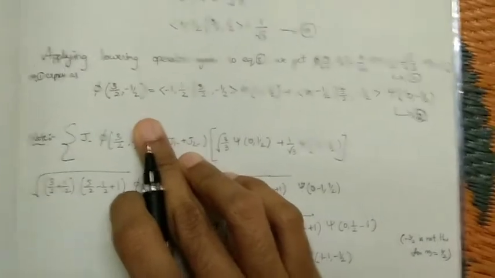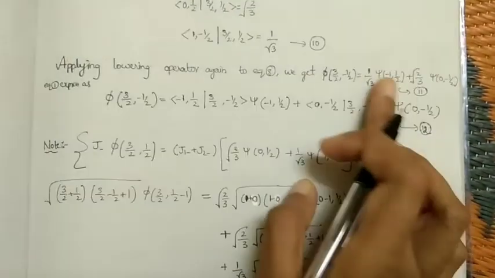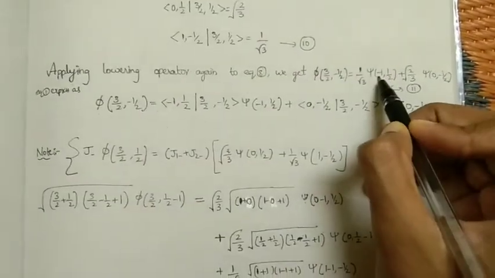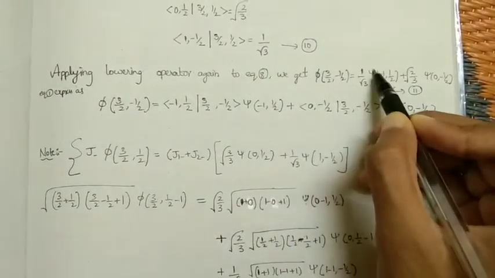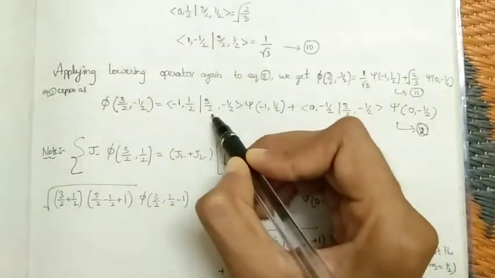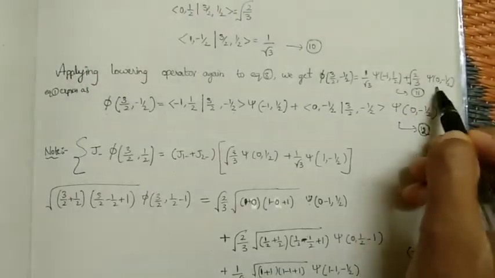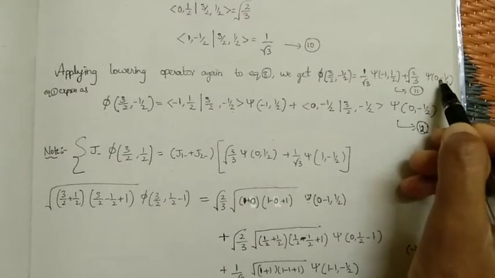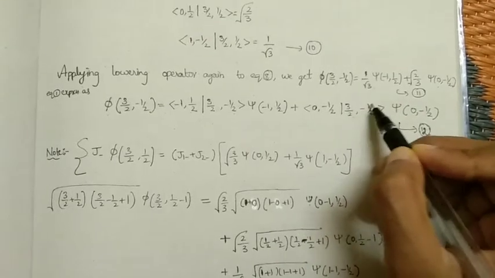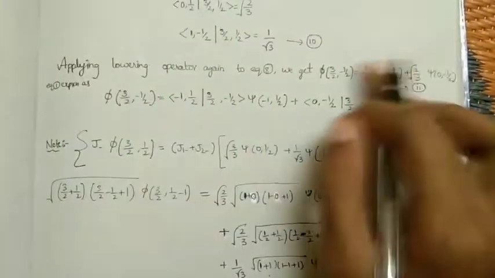Every equation has to be written in this summation form. Here xi of minus 1 comma half is converted to 3 by 2 comma minus half, and 0 comma minus half is also converted to 3 by 2 comma minus half.